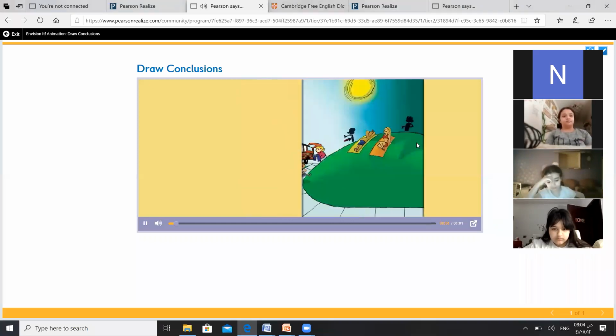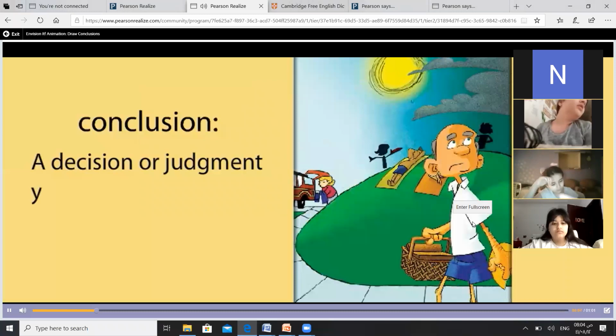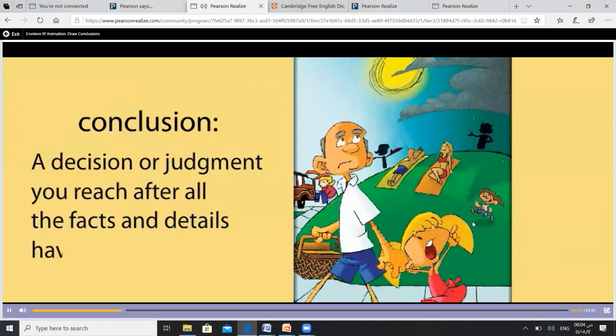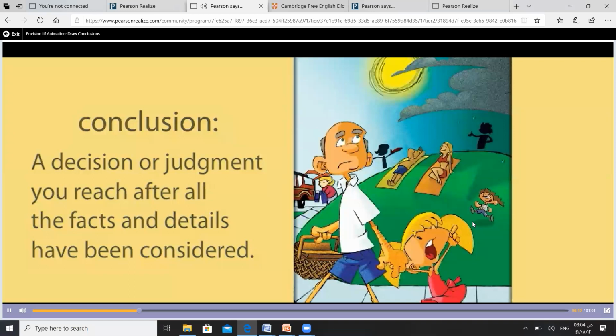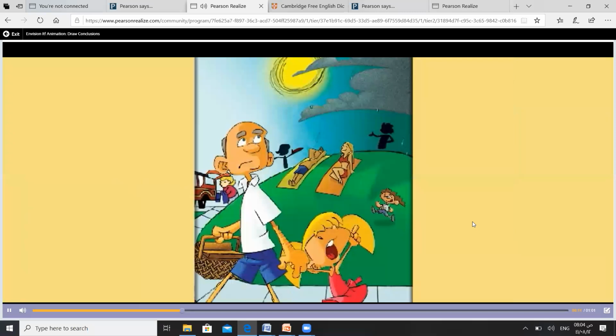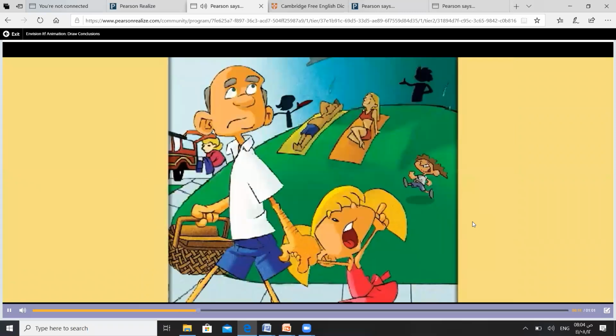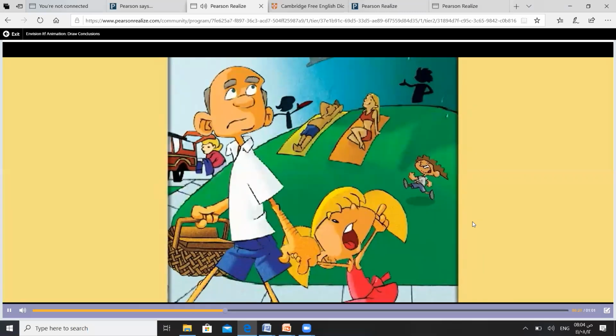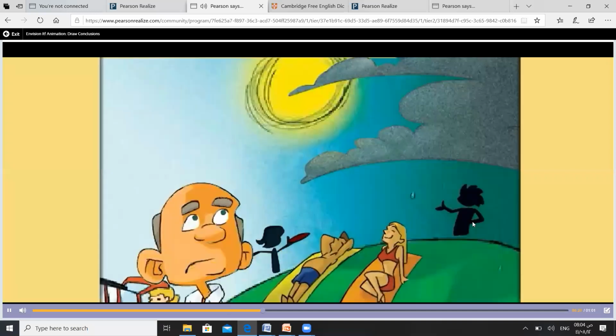When you read, you are always drawing conclusions. A conclusion is a decision or judgment you reach after all the facts and details have been considered. What you see here is a nice park with lots of people having fun. But this man and his daughter look like they're leaving. Why? If you look at the scene a little closer, maybe you can figure it out. What details help you figure out why they are leaving the park?